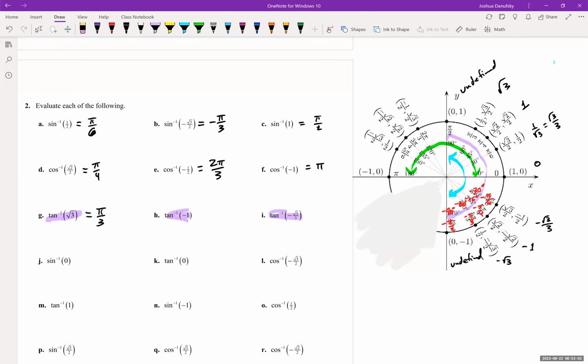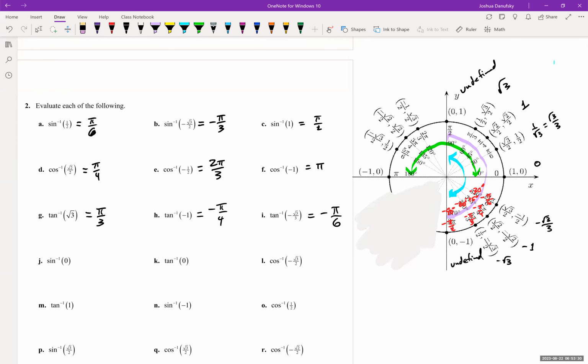Looking at the next one, tan value of negative 1, we see that right here in quadrant 4. That's going to happen at negative pi over 4. Again, 5 pi over 4 would be the wrong answer here. It has to be a negative acute angle. And then this next one, we have negative root 3 over 3, which is right there. And so that's going to be negative pi over 6.